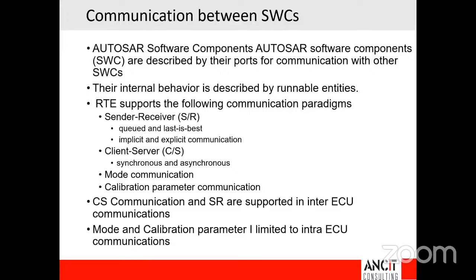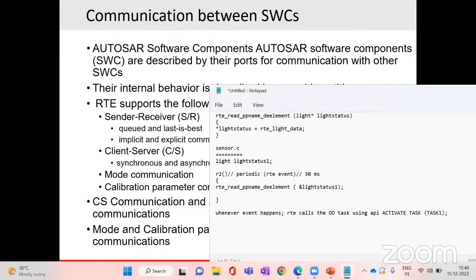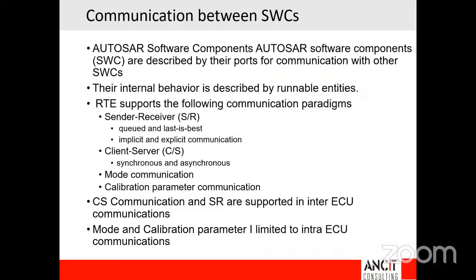This is a classic example of a sender receiver interface, where we pass a variable from one .c file to another .c file. This is how your code gets generated. You have some write APIs, you have some read APIs and all those things. So that's your sender receiver communication. In sender receiver communication, there are two interesting things that can happen: implicit communication and explicit communication.